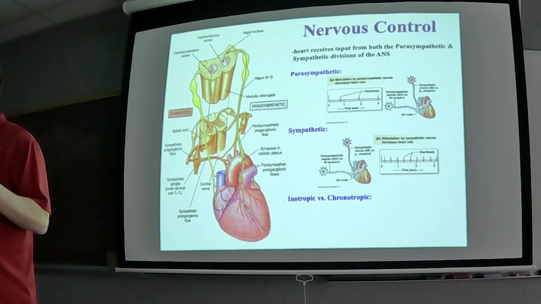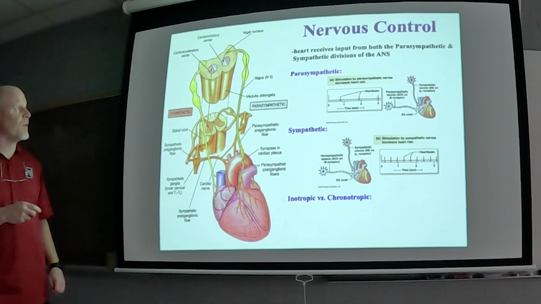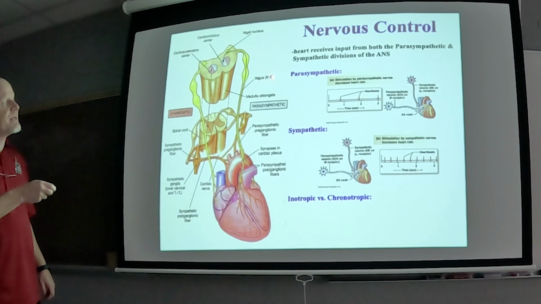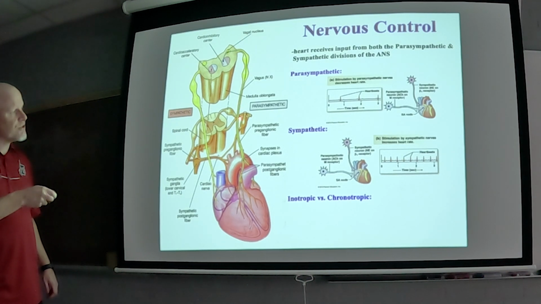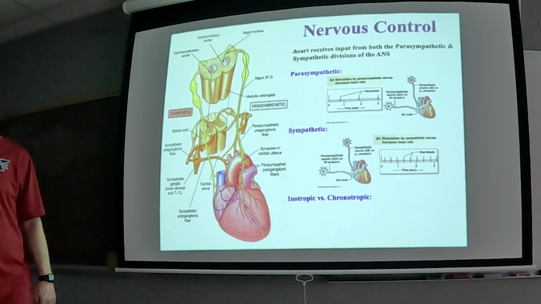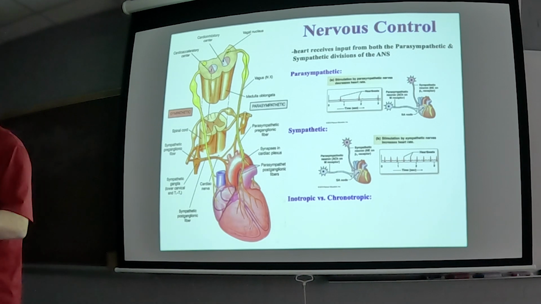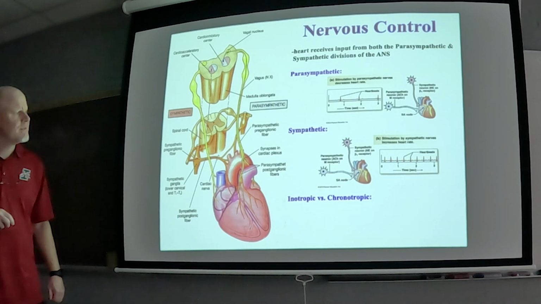60% of parasympathetic output travels through the vagus nerve. So vagus nerve branches, which is cranial nerve 10, actually send a branch down to innervate the SA node, right? To innervate the SA and AV nodes.